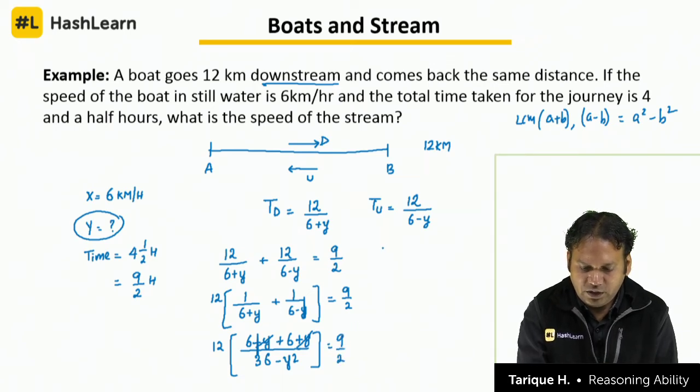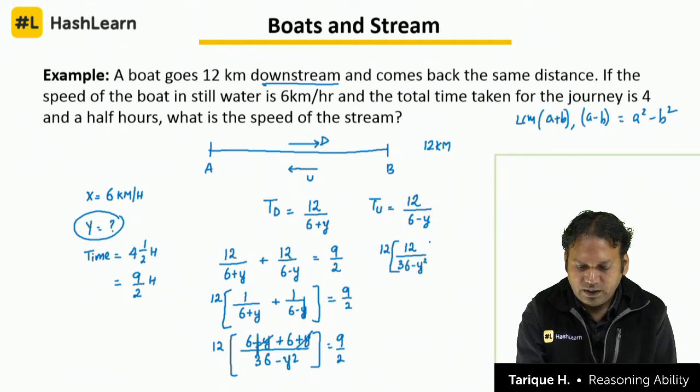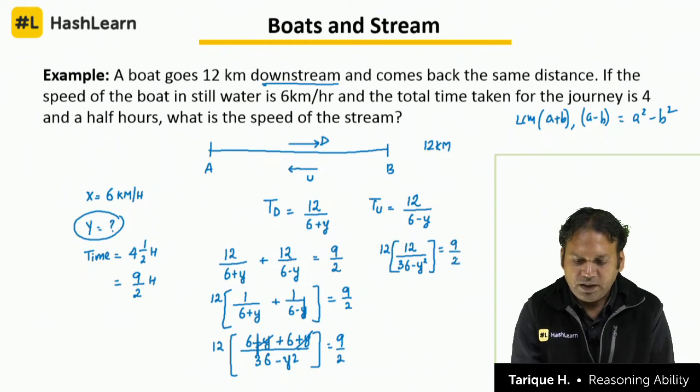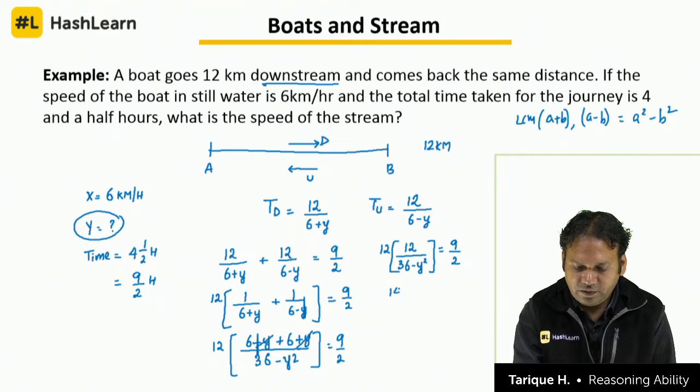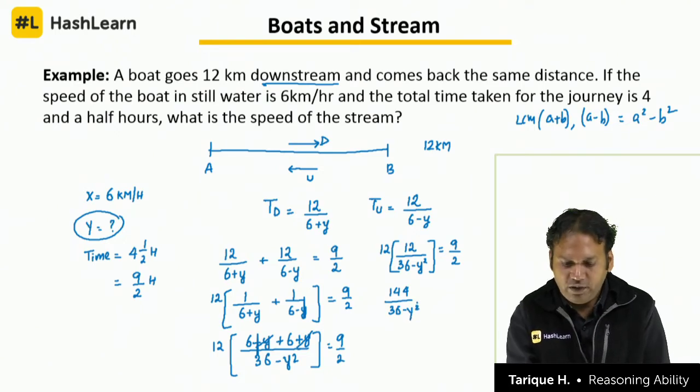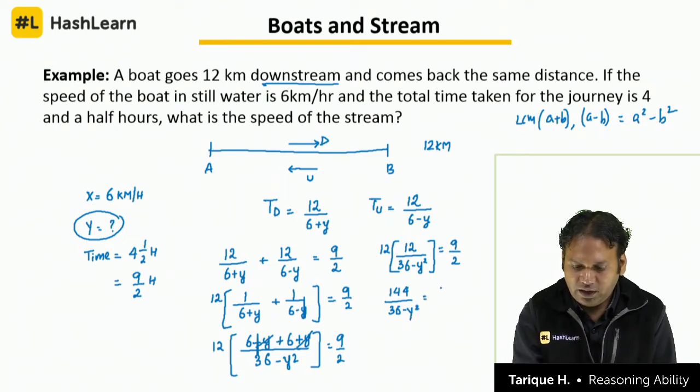So, what are we getting here? 12 into (6 plus 6), 12, divided by 36 minus y square, is equal to 9 by 2. Okay. So, you can say here 144 by 36 minus y square, 144, 12 into 12, 9 by 2.